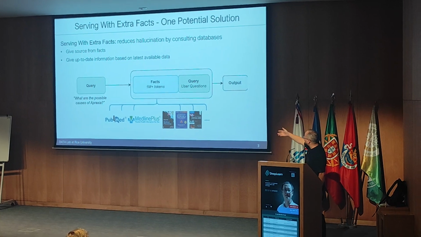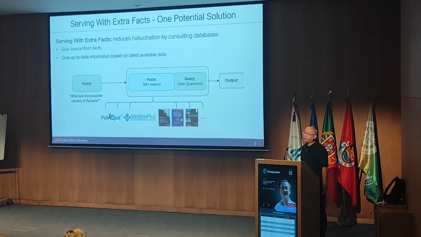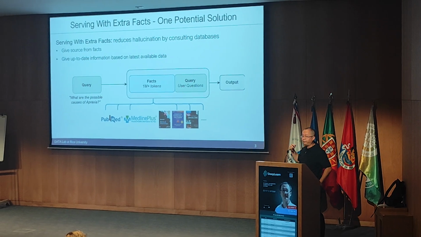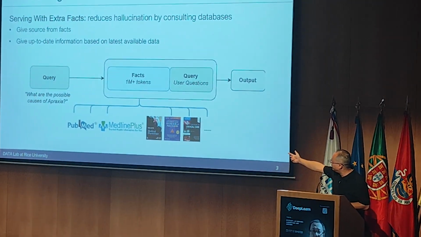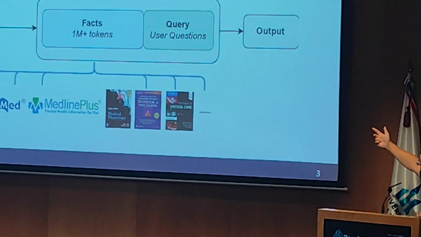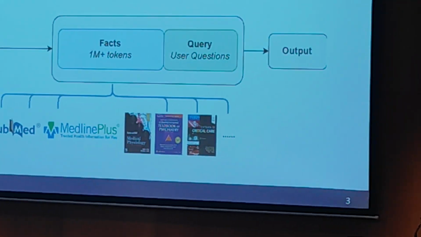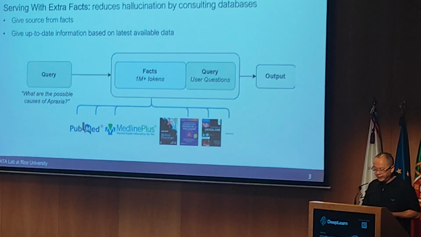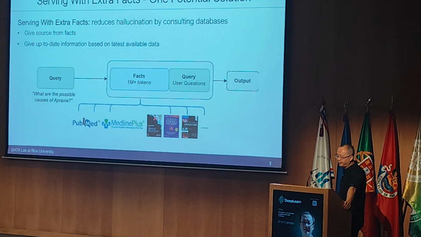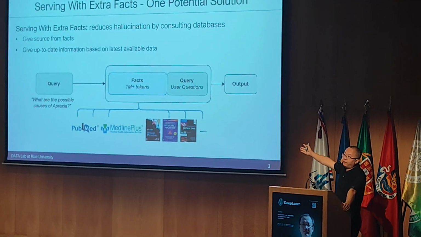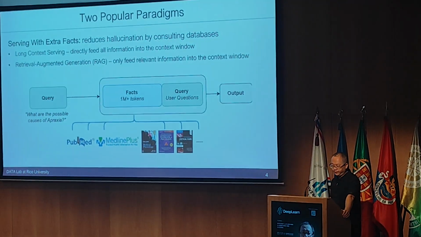To answer this question, in addition to the query, in addition to the prompt, we are going to feed extra facts, for example papers from PubMed, textbooks, whatever information you have at hand, into the large language model, such that with the query and the fact information, we will be able to answer the question effectively.